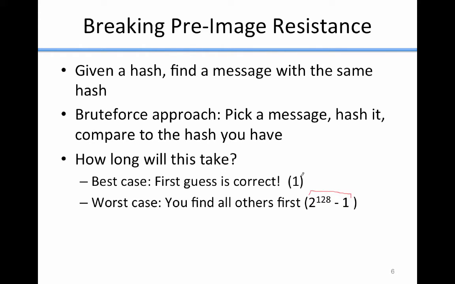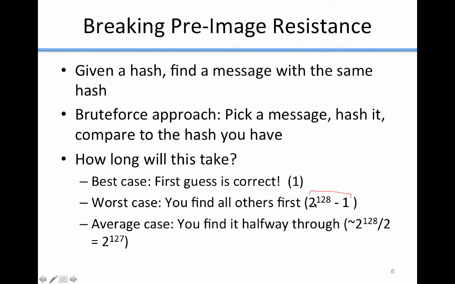So if the best case is 1 and the worst case is about 2 to the 128, what's the average case? On average, it takes half of the worst case because you'd be halfway between the best and the worst. Half of the worst case is about 2 to the 128 over 2, which is 2 to the 127. That's still a really big number. In fact, 2 to the 127 is an absolutely enormous number.